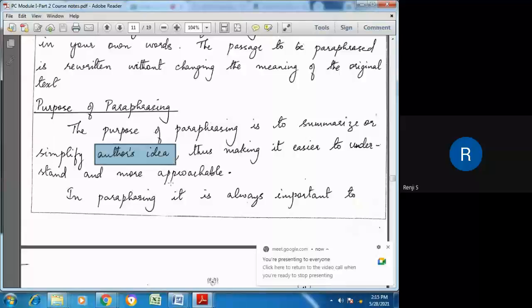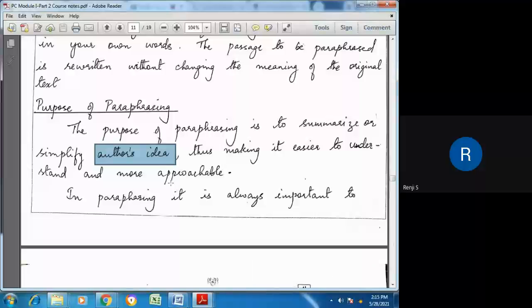The author might have written in his own language, and we summarize or simplify the author's idea, making it more simple for the reader, thus making it easier to understand and more approachable. Is it clear to you?